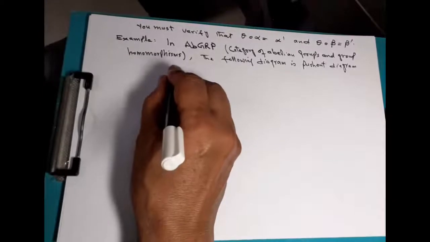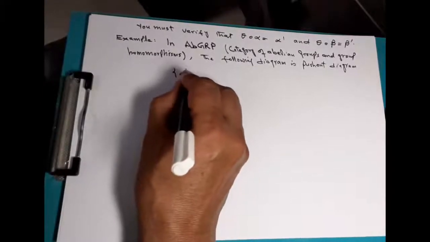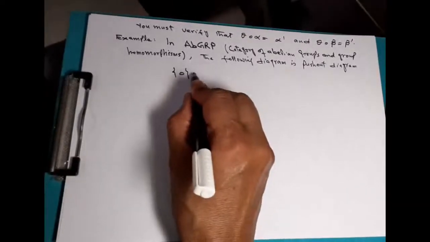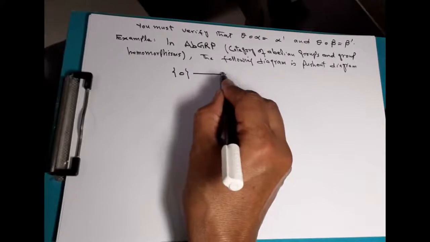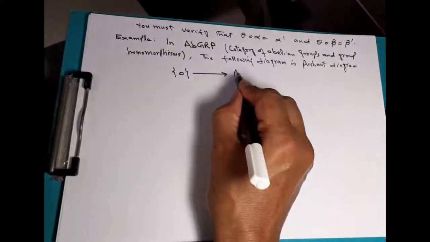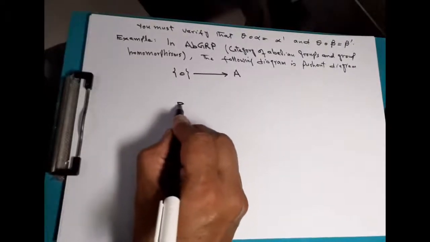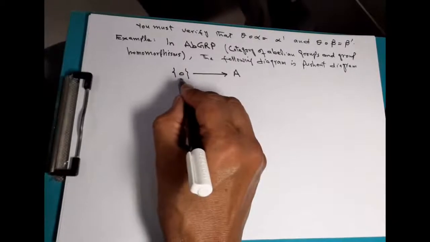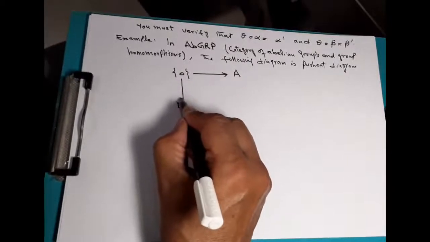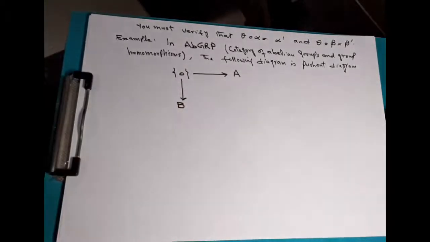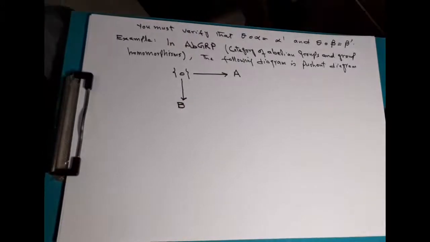So this is the trivial group, and we know that given any two groups A and B, there is a group homomorphism from 0 to A, and if we are given another group B, there is a group homomorphism from this trivial group to B, because the trivial group is the initial object in the category of abelian groups.